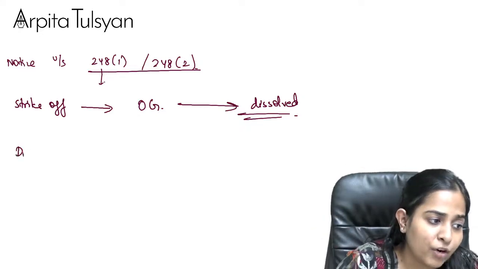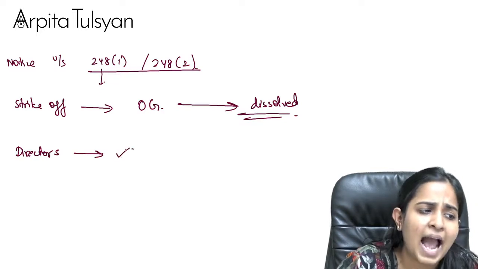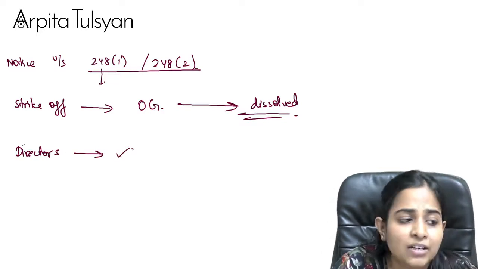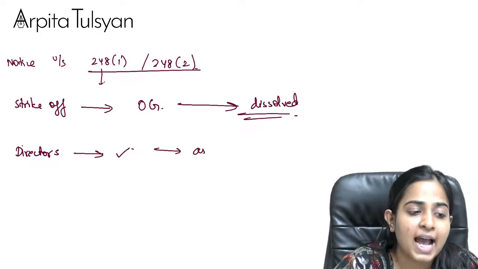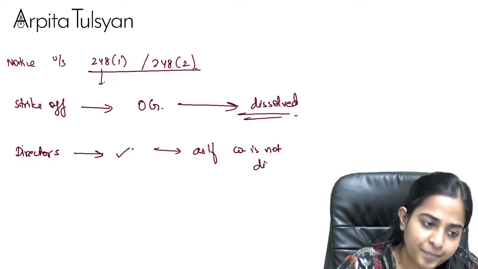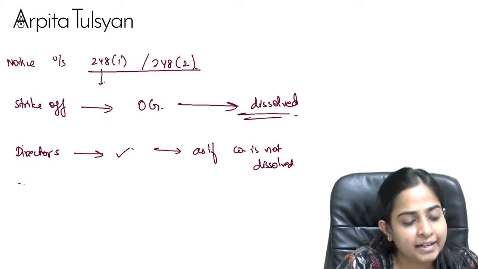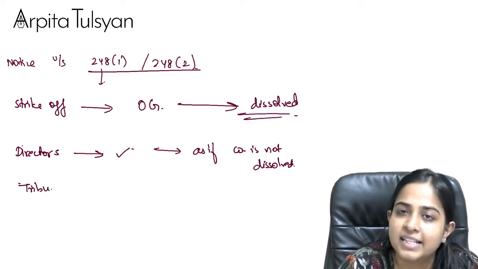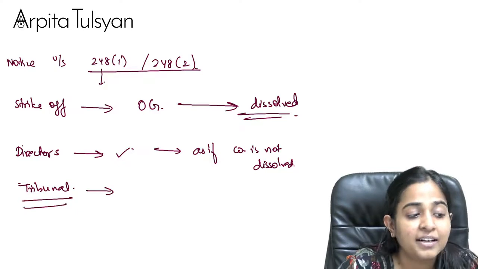The liability of the directors, the managers, etc. will remain as it is, as if the company is not dissolved. Very clear with this? And then once dissolution is completed and the liabilities are paid, the tribunal, NCLT, will step into the picture.